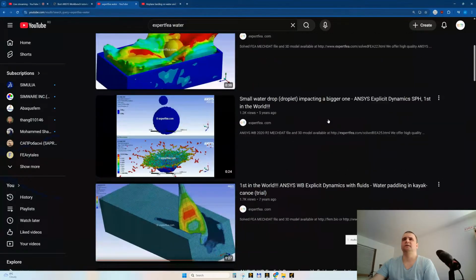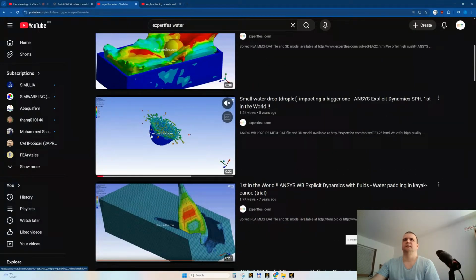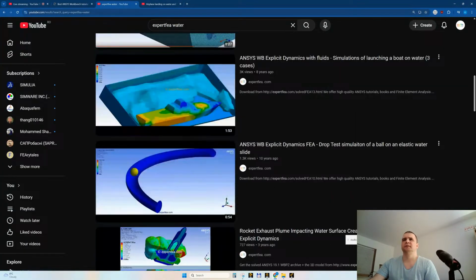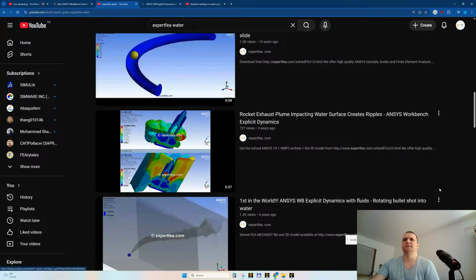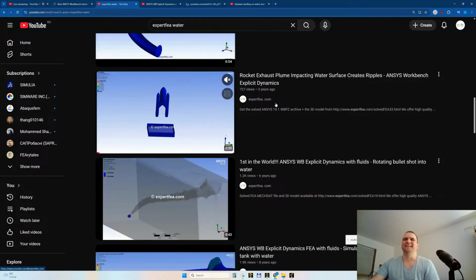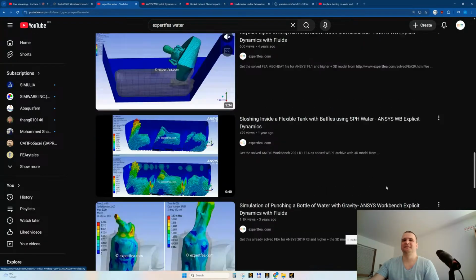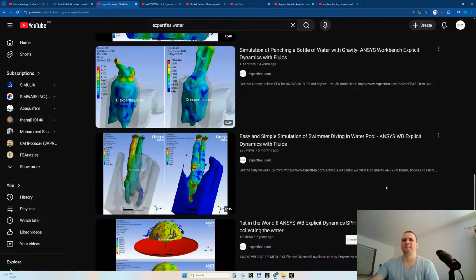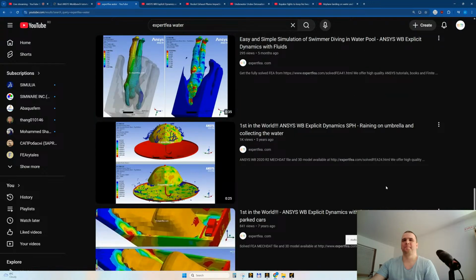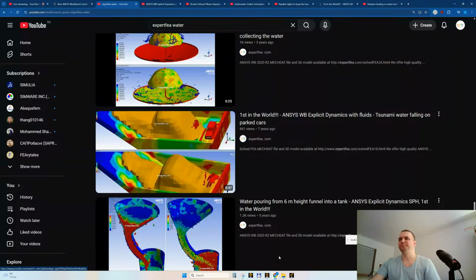All right, and yes, we will treat the SPH, the small spheres, in another simulation. This is cute. I need to show you the rocket because it looks so nice. This is also nice.